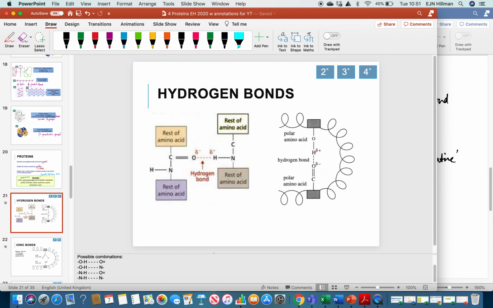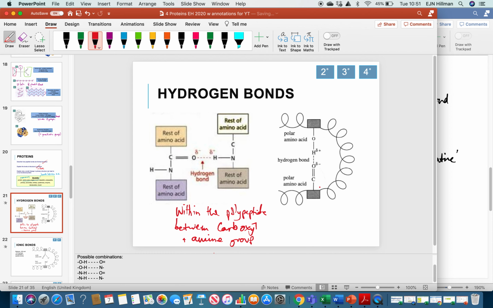Okay, the importance here then is this idea that they form between partially positive hydrogens and an electronegative oxygen or nitrogen. In the secondary structure, this is within the polypeptide between a carboxyl and amine group.